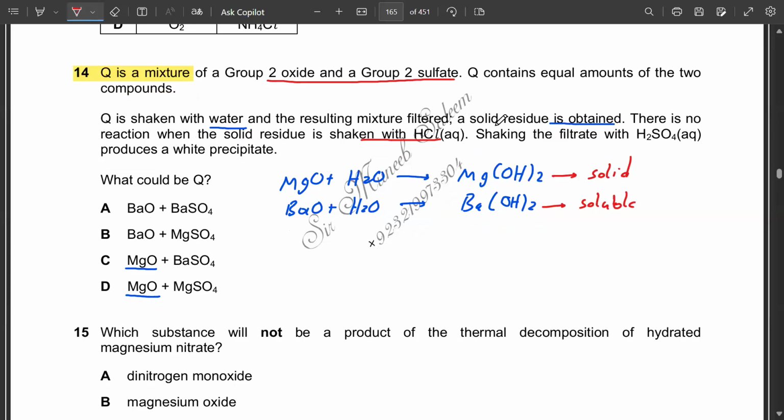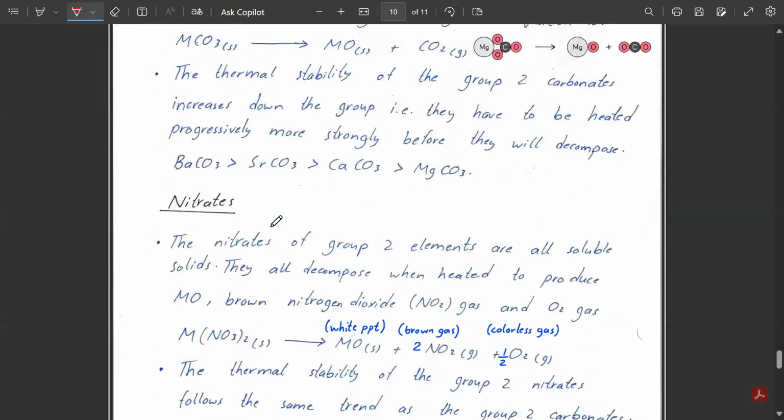We need to see which of the compounds could be in the solid residue. So the solid residue could contain magnesium hydroxide because it is insoluble, along with barium sulfate because it is also a precipitate. If we look at the trend of the sulfates, again we need to look at the notes.